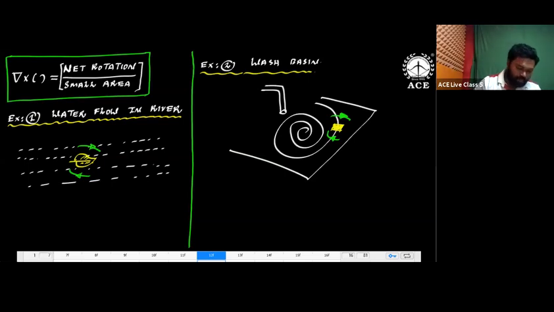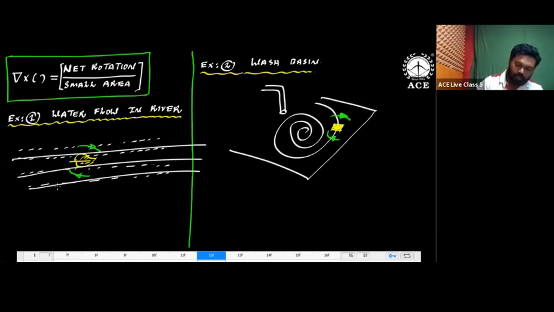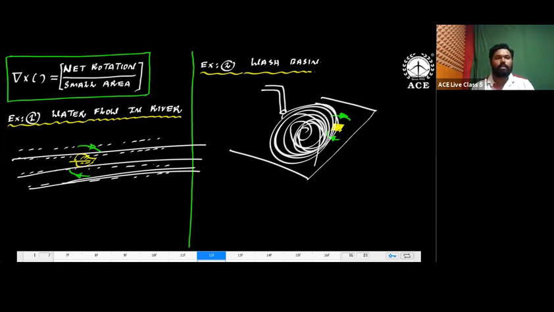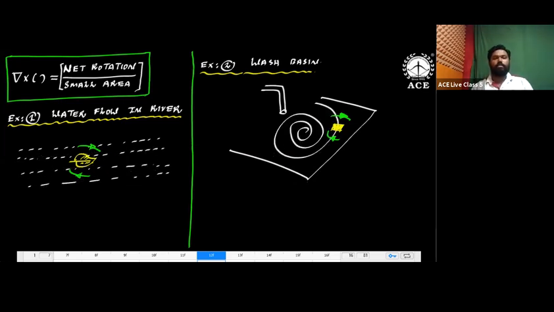What is the nature of the field here? Here it is a straightforward field. Here it is a circulating field. Isn't it? So what is the simple observation here? What is the meaning of curl? Very extremely important: straightforward fields may also have curl. If I place some small piece of area, if that area is rotating, then you can say that there is a curl at that location.